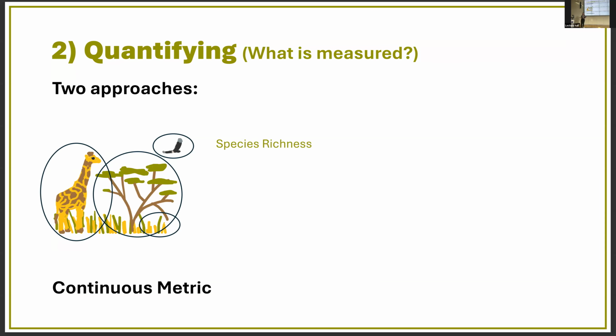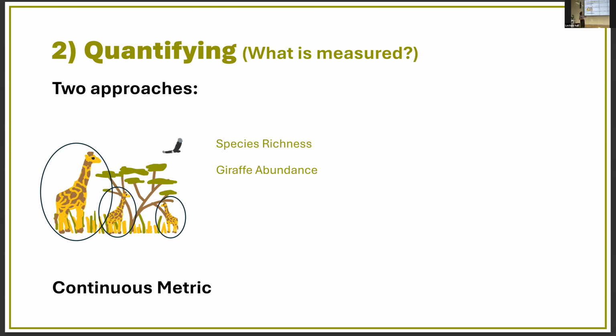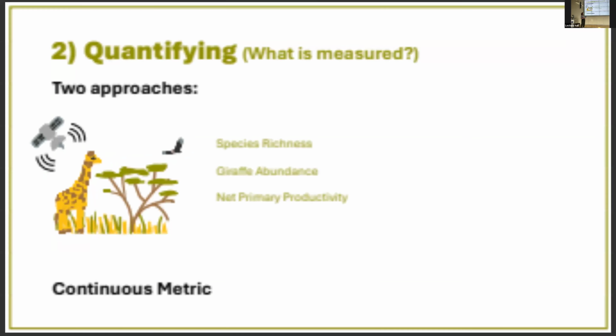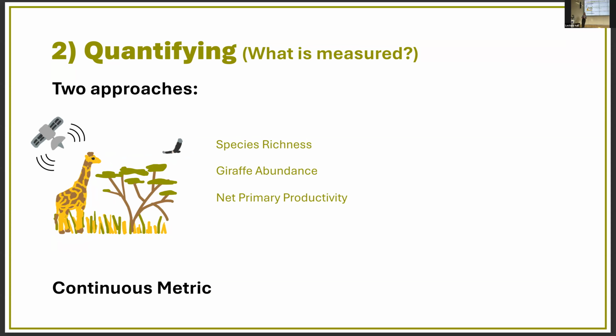For anybody that's not in the ecology world, that's literally just the number of different types of species that you have in an area. Then you might measure the abundance of a species of interest at your site, maybe giraffes. Maybe then you use satellite data to measure net primary productivity. And you take the average of your values and you say, I don't know, this ecosystem is worth 42. Great, lovely. We've quantified that ecosystem. We've given it a number.